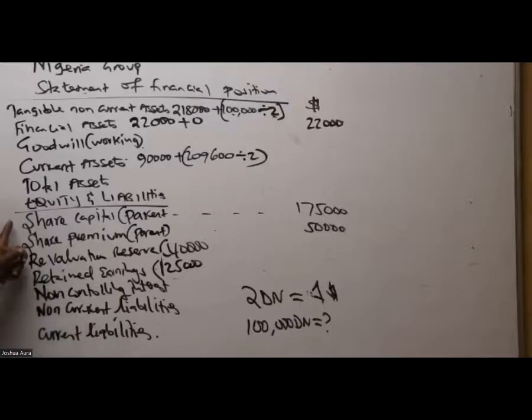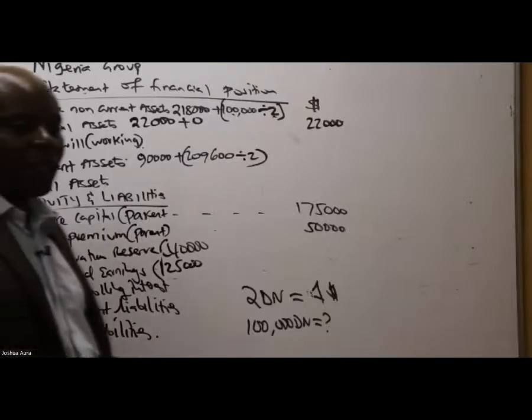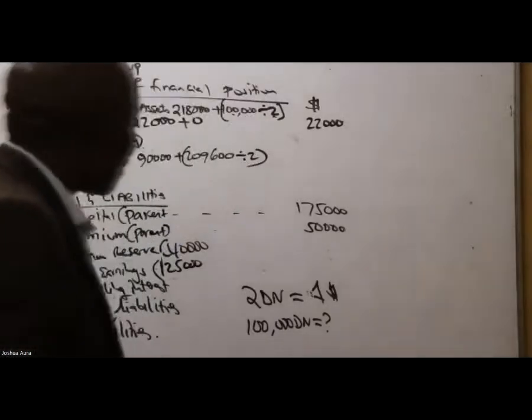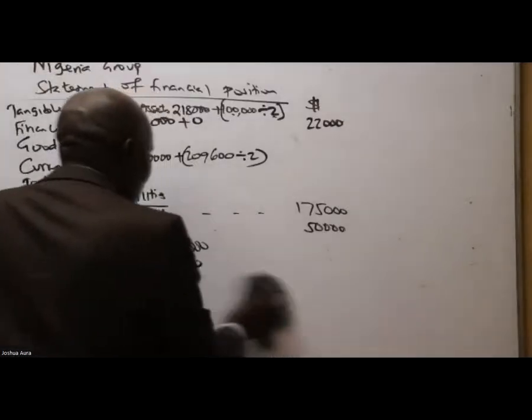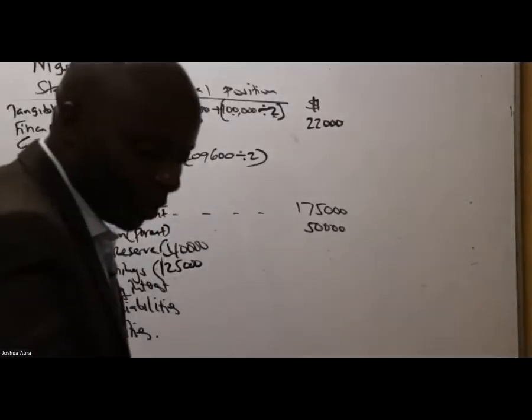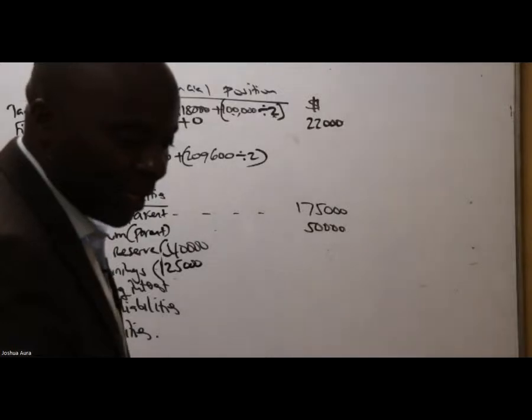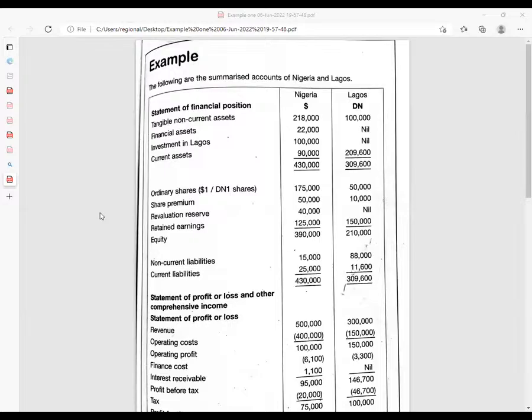So I'll skip all these up to the non-current liabilities. On non-current liabilities, I'm combining. I can see 15,000 plus 88,000.